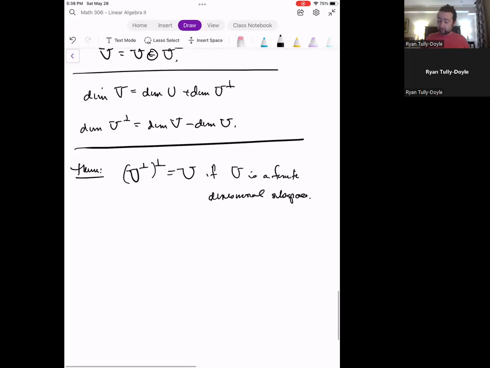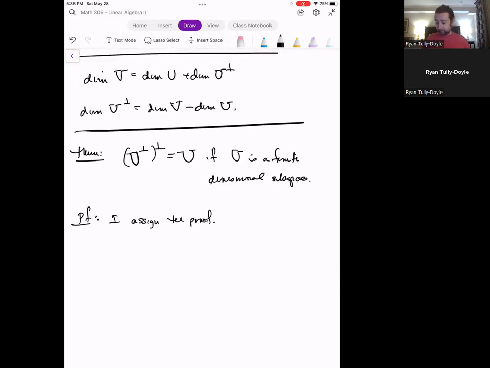This one, I assign the proof. It's not so bad. It's a double inclusion argument. You show that U is contained in the perp of U perp, and then you show that the perp of U perp is contained in U. Two different arguments, but a double inclusion forces the sets to be the same.